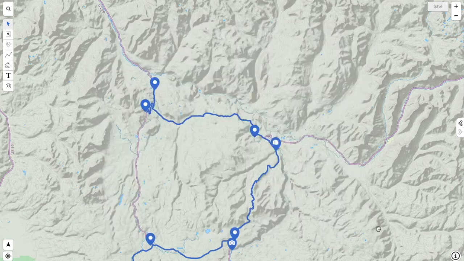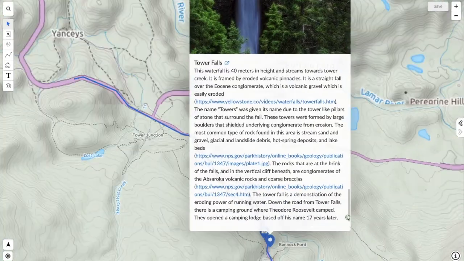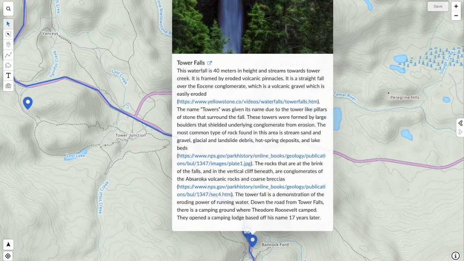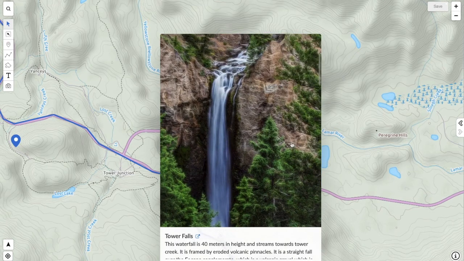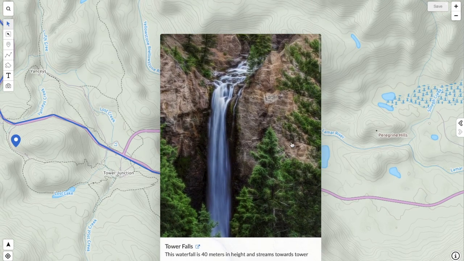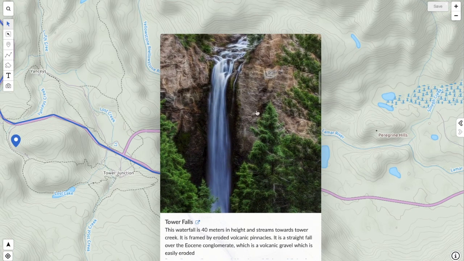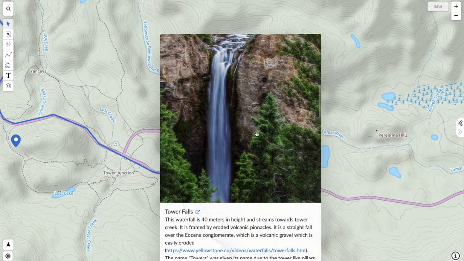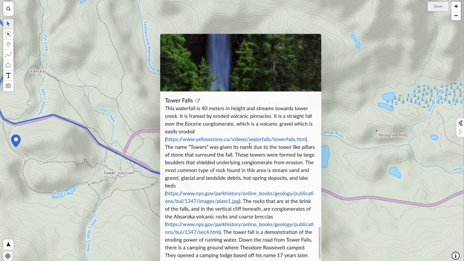All right, so moving along, right over here, we have Tower Falls. So Tower Falls is 40 meters in height, and it streams down a creek. So it's a plunge waterfall. It is framed by these eroded volcanic pinnacles, and it actually falls directly onto an Eocene conglomerate, which is a volcanic gravel which is easily eroded.